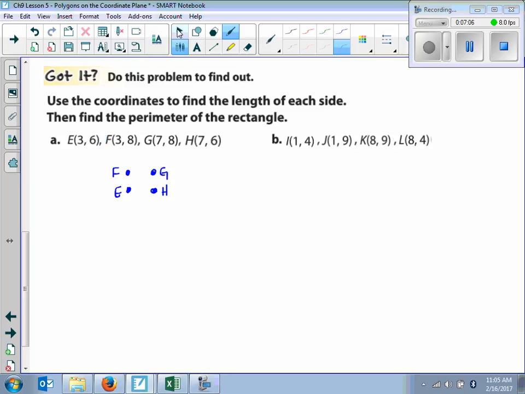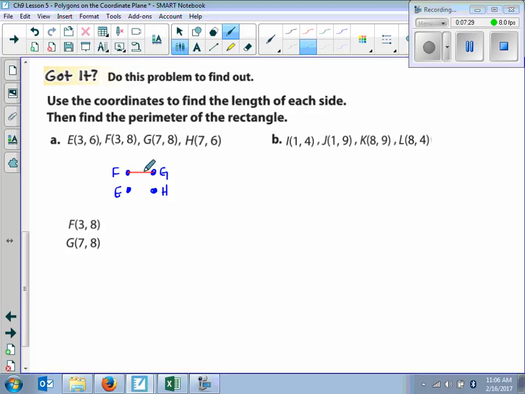So we have a rectangle. Let's find one of our dimensions. Let's find F to G. I've got point F right there, and I've got point G right there. Is everybody with me?